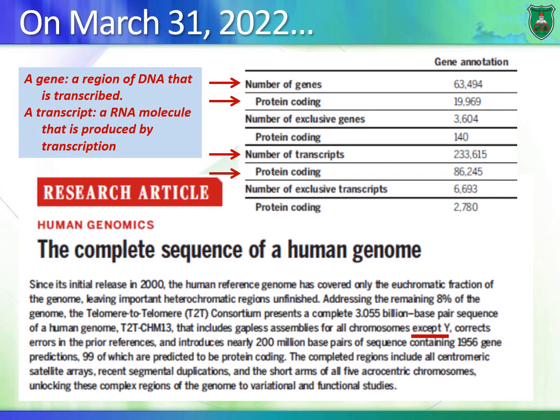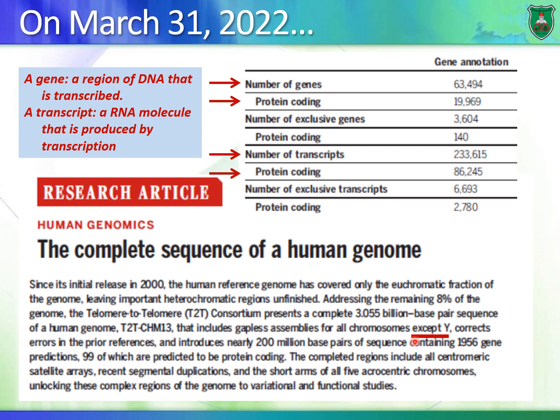Okay, so let's look into this slide. This is important. There was this study, the complete sequence of a human genome, that was published on March 31st, 2022, really recent. And it made a huge splash in the news, in science, all over. Now, they didn't really sequence the whole human genome. They didn't complete the sequencing, because they still have this miserable Y chromosome that has not yet been sequenced completely.